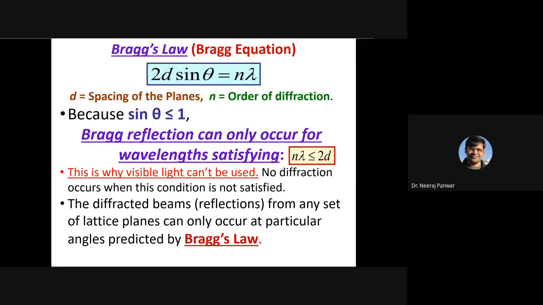So this proves that the wavelength of the incident radiation should be either equal to the interplanar spacing, or it should be smaller than the interplanar spacing. If it is much greater than the interplanar spacing, Bragg's law will not be satisfied and we will not observe the diffraction pattern.